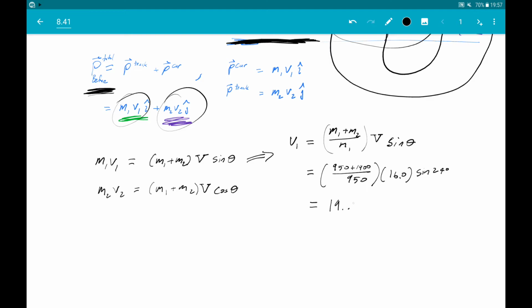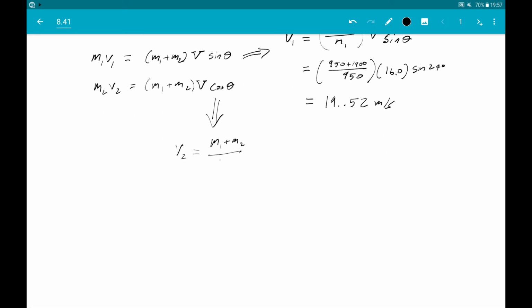This is 19.52 meters per second, and then from this equation, it's almost exactly the same. The mass ratio, 950 plus 1900 divided by 1900 times 16 meters per second times cosine 24 degrees.